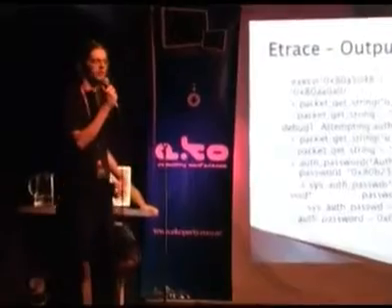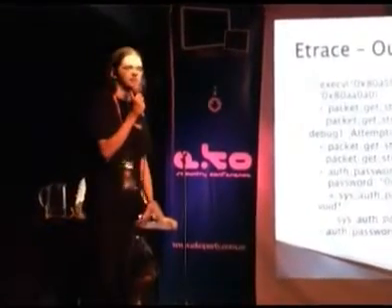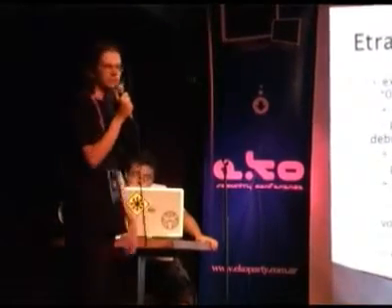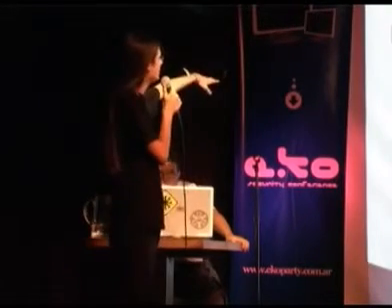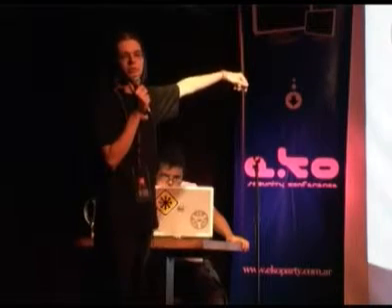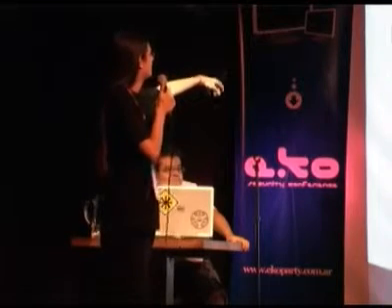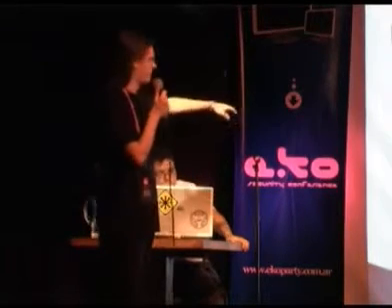When we run this new binary, sshd2, this is the output. It starts to run the original binary, the SSH daemon, and traces the functions. Here we can see that the functions we told the tracer to trace are being printed on the screen, like packet get string, auth password, and a little bit further down, sys auth password, and we can see the values being passed during the execution of the program.